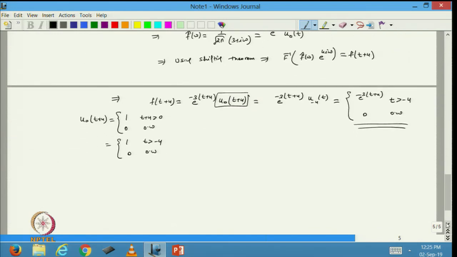So, now we can take another one, the fourth property, and that is called another shifting theorem, shifting in frequency.